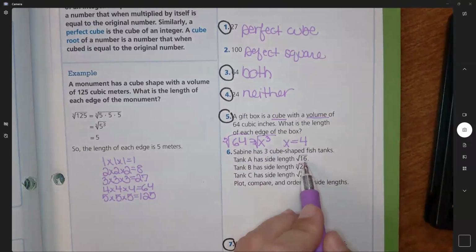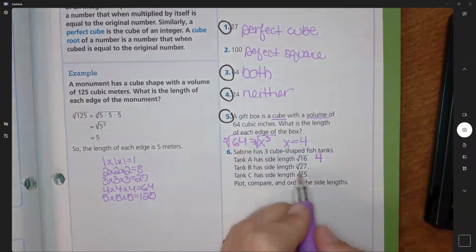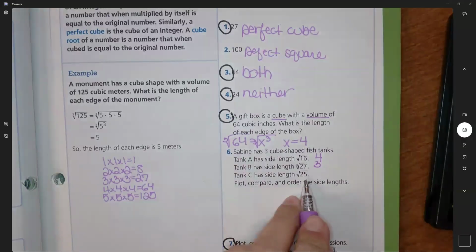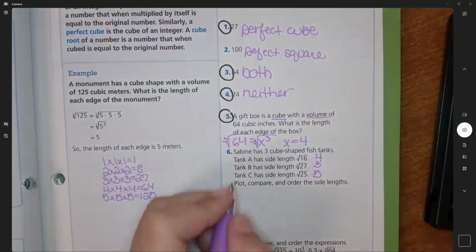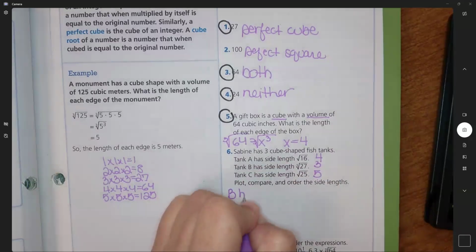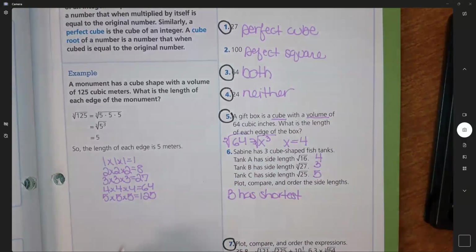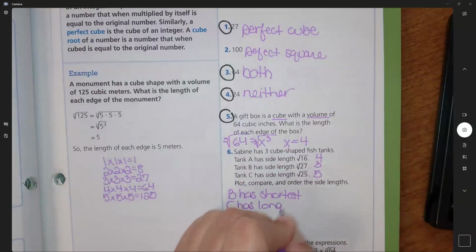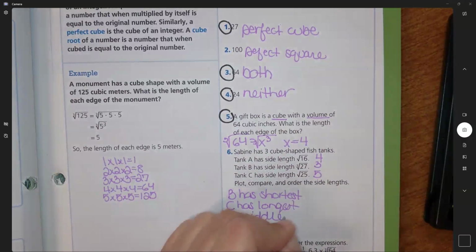What is the square root of 16? 4. What is the cube root of 27? 3. What is the square root of 25? 5. So, B is the shortest side. C has the longest side. A is in the middle. I don't know. They should have given us a little bit more guidance.